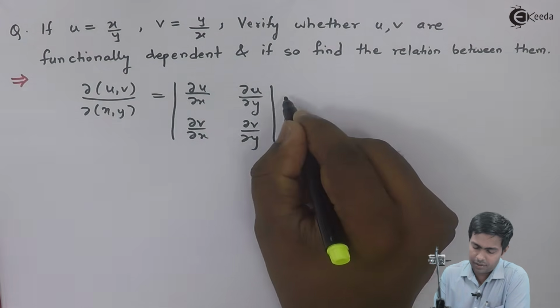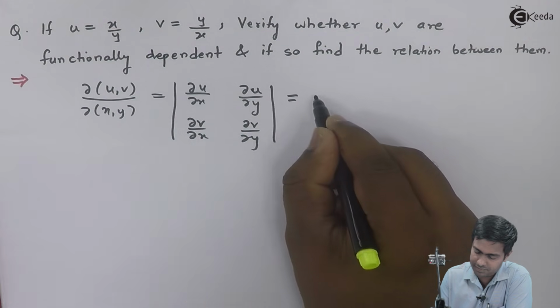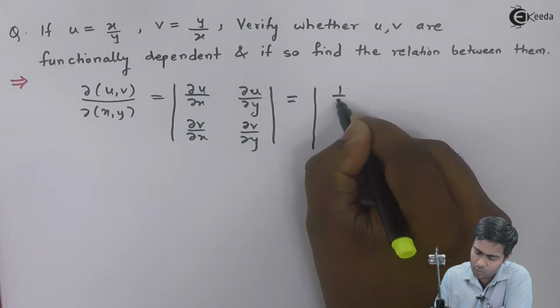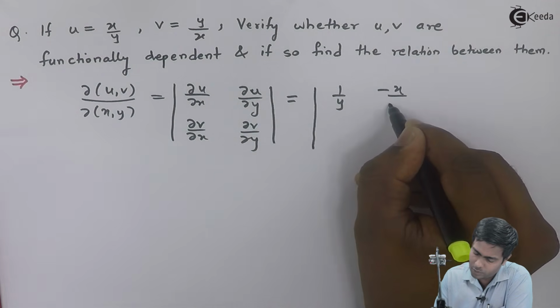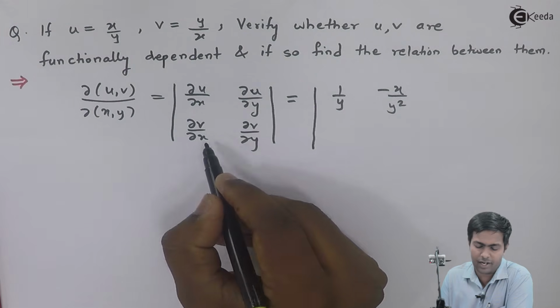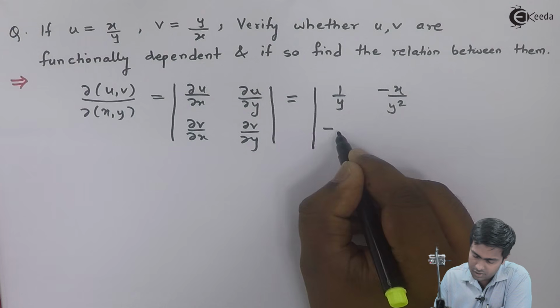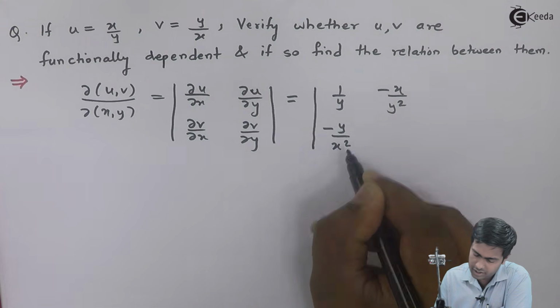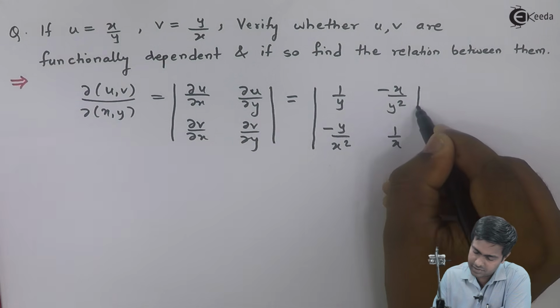So here we'll get ∂u/∂x as 1 upon y, ∂u/∂y as minus x upon y square, ∂v/∂x as minus y upon x square, and ∂v/∂y as 1 upon x.